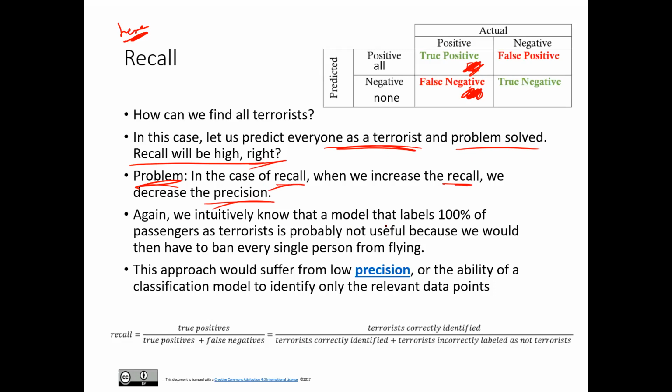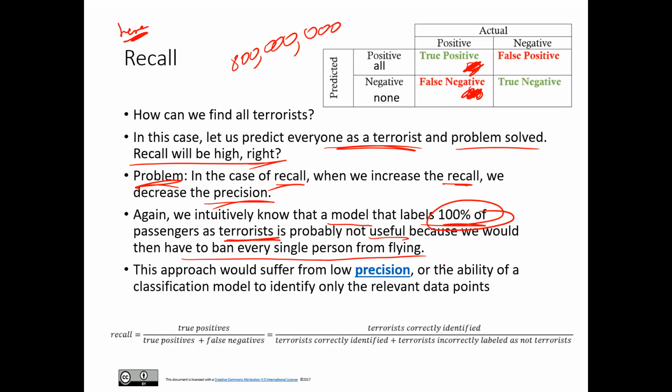Again, we intuitively know that a model that labels 100% of passengers as terrorists is probably not useful. Remember, the number was 800 million. You don't even have the resources to investigate that many. So it's probably not useful because we would then have to ban everybody from flying.